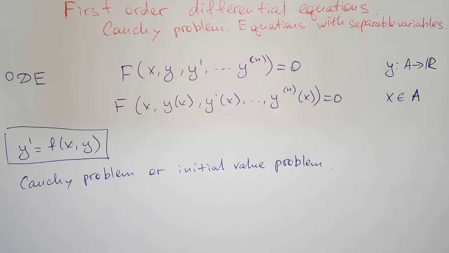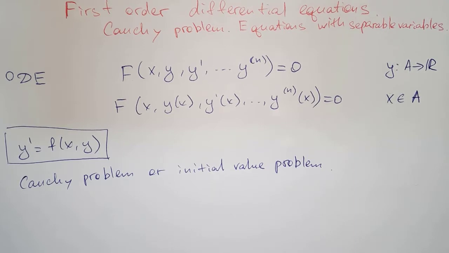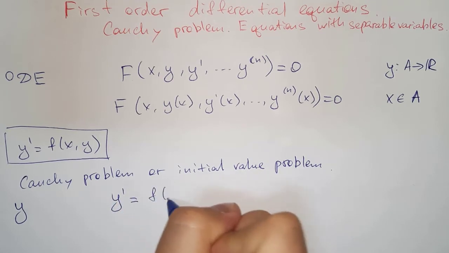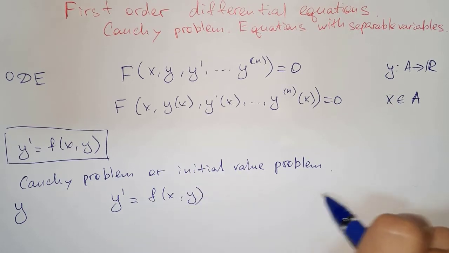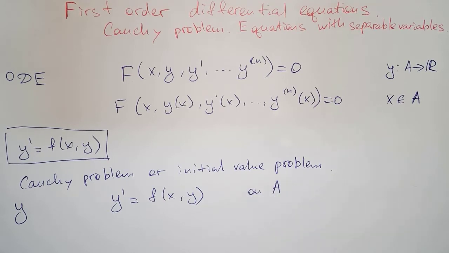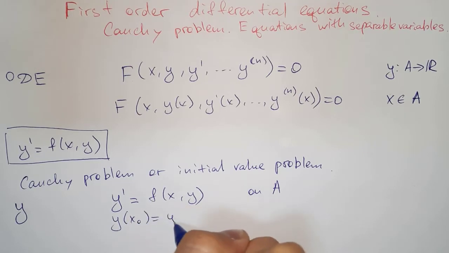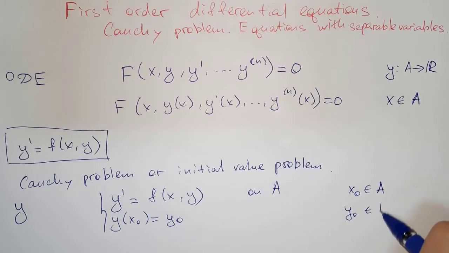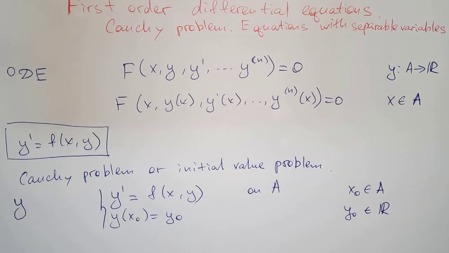Okay, let me give a definition of the Cauchy problem. Let us say we have a differentiable function y, and we'll consider the following system: y derivative is f of x, y, on some set A, for example, and y of x0 equals y0. These are given points: x0 from the set A, y0 from R, the set of all real numbers.